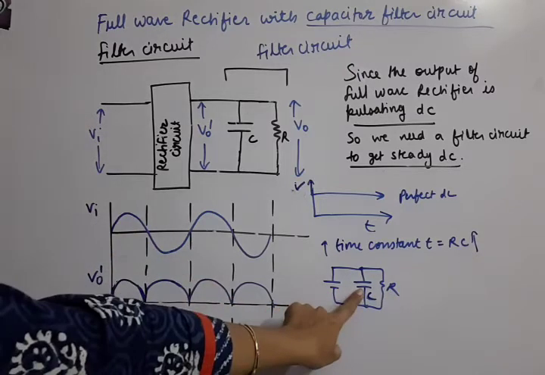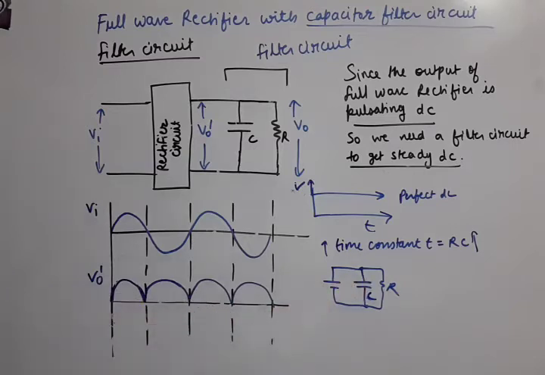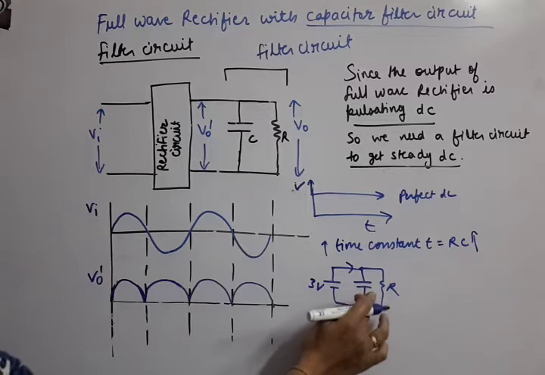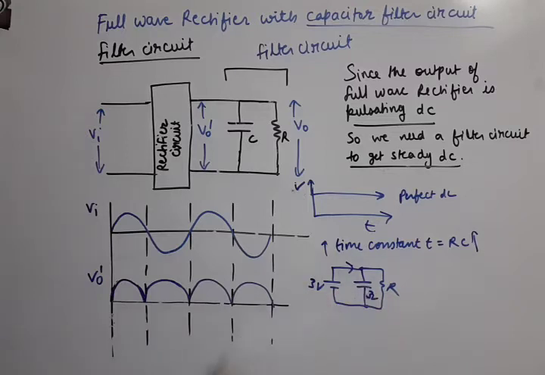Now when the capacitor is initially uncharged and suppose it gets connected to some high voltage, suppose 3 volts from here, due to this 3 volts the current can come to the capacitor and it gets charged. Once it gets fully charged, like it is at 3 volts, then it searches for a path to get discharged.